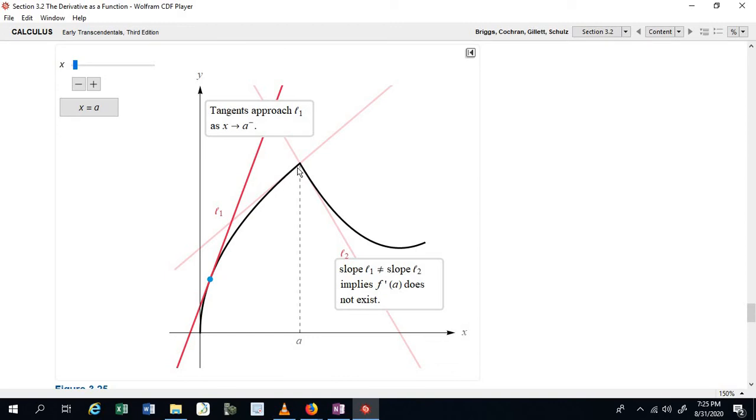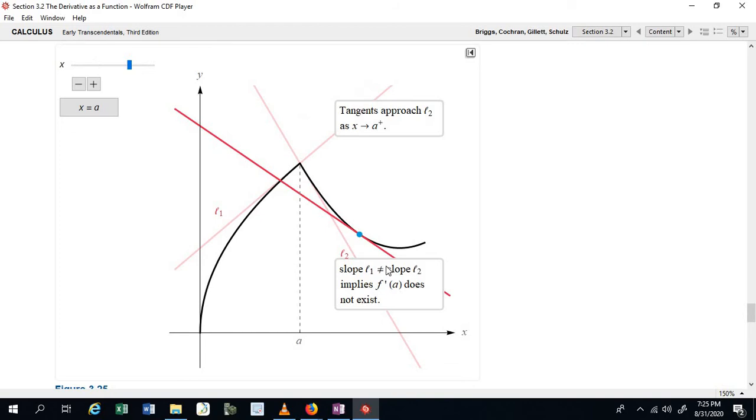Now, the reason it's not differentiable at this point is because the slopes of the secant lines on the left-hand side are approaching this tangent line, L1, whereas the slopes of the secant lines on the other side are approaching the tangent line L2.